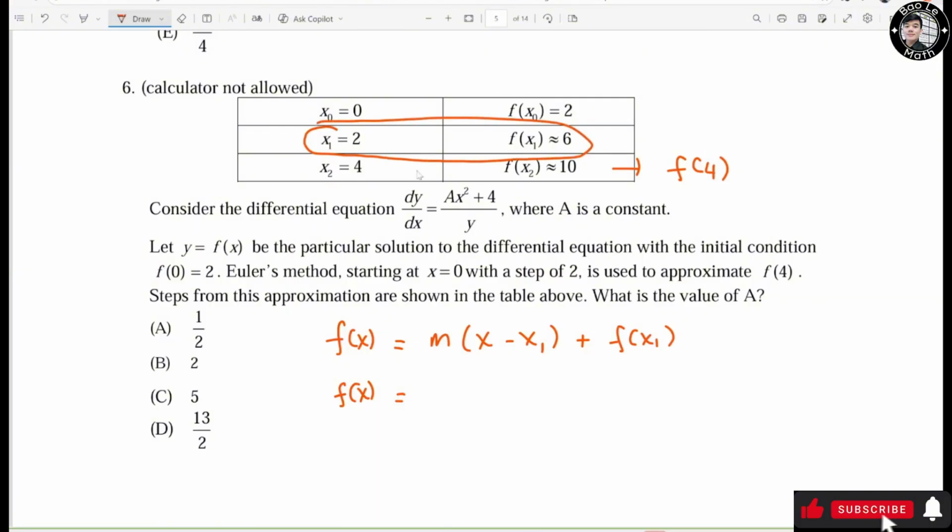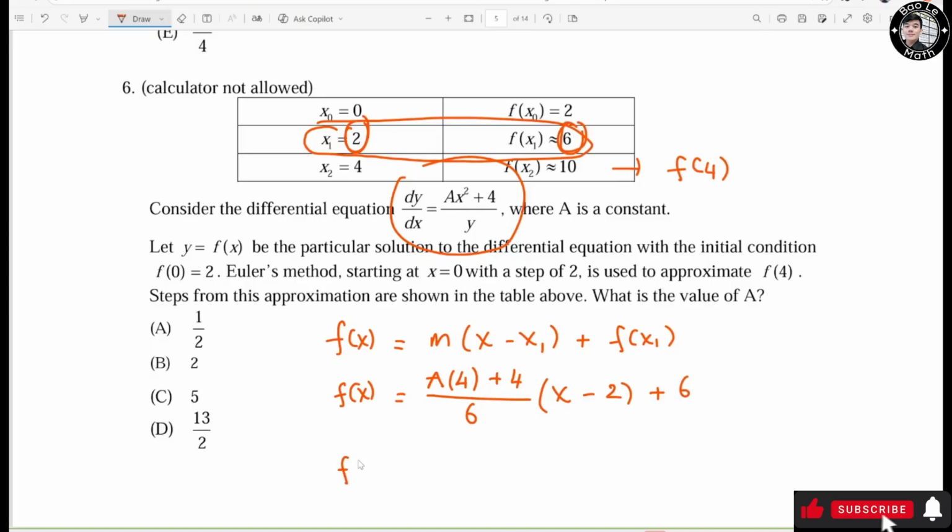So the slope is given by this formula, right? So we have a times s squared, s equals 2 right here, so it could be 4, right? Plus 4 divided by the y value that sits right here, times s minus s1, which means 2, plus f of s1, which means 6, right?